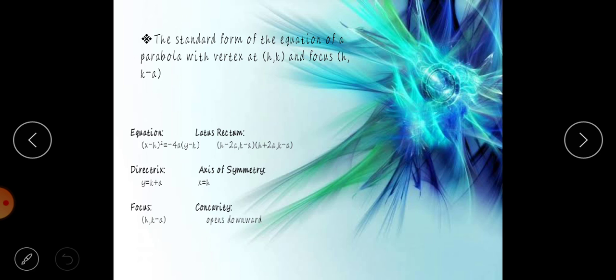Its latus rectum is at (h minus 2a, k minus a) and (h plus 2a, k minus a). Its axis of symmetry is x is equal to h, and its concavity is open downward.